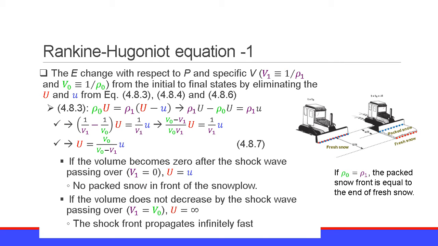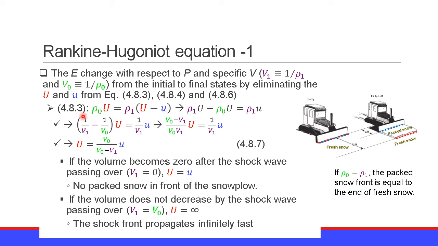Then let us obtain the Rankine-Hugoniot equation, which gives the energy change with respect to pressure and specific volume V, which is the inverse of density, from the initial state to the final state, by eliminating the shock velocity U and the particle velocity small u from equation 4.8.3, the conservation of mass, 4.8.4, conservation of momentum, and 4.8.6, conservation of energy.